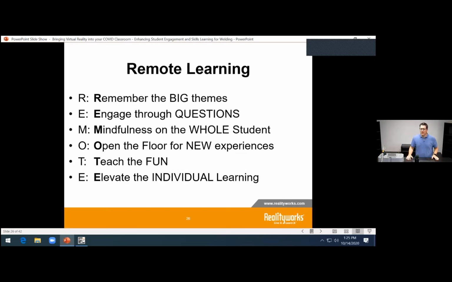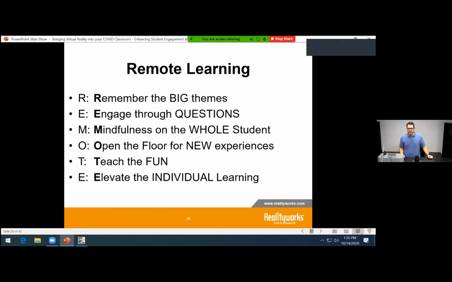One of the things that we are seeing is students being able to loan these out, bring them home, use them at home with a laptop, use it for a week and return it. Send it out to another student, use it for a week and return it. Having them work in that world one-on-one can open new experiences, gives them that opportunity and that fun, which then goes into teach the fun, and also elevates the individualized learning.